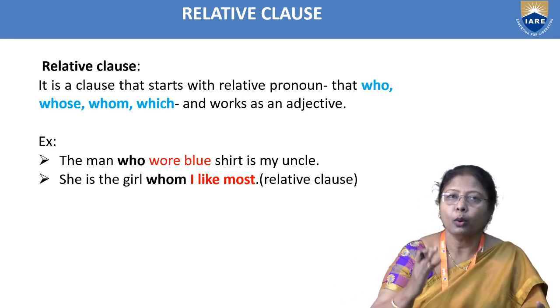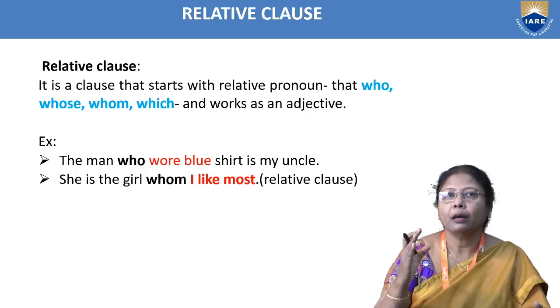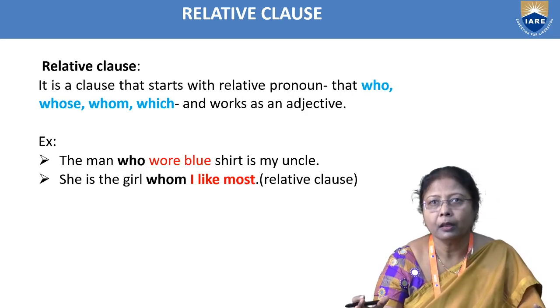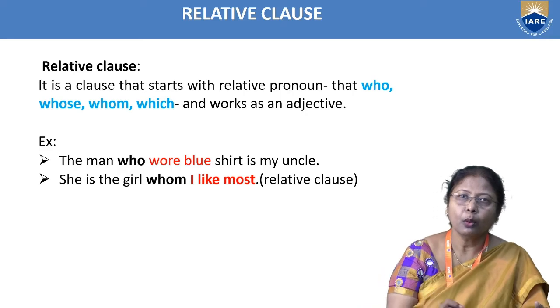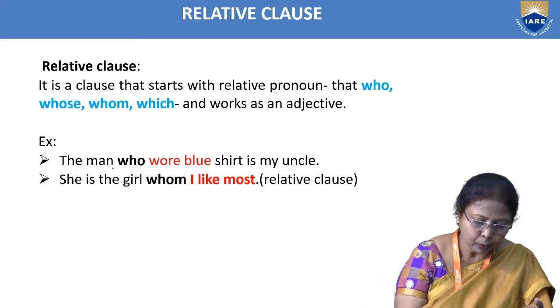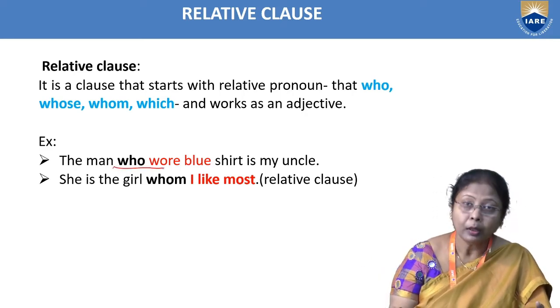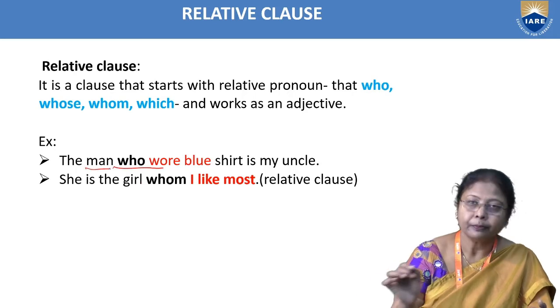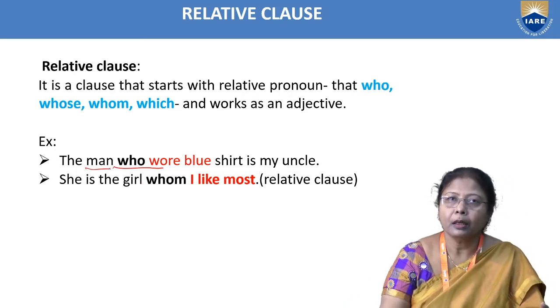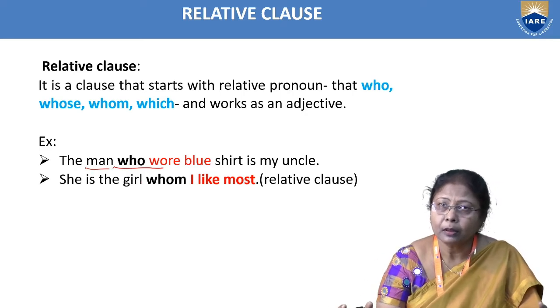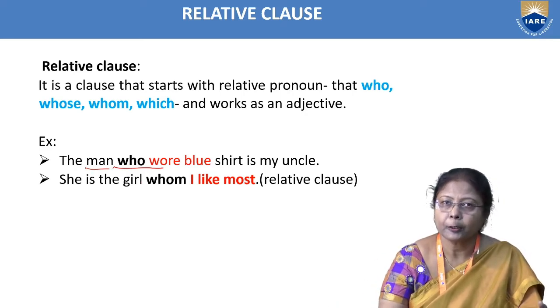Here, who wore blue shirt is a relative clause. So, who is a relative pronoun after the noun man. Always these relative clauses or relative pronouns come after the noun in modification.